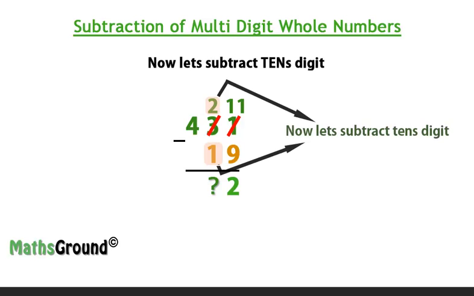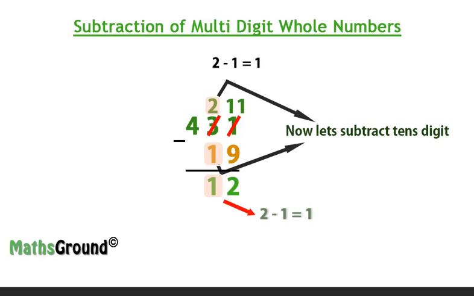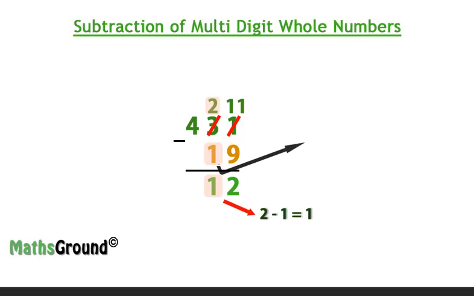Now let's subtract 10's digit. Order of subtraction at 10's digit is 2 minus 1. Two minus 1 equals to 1.